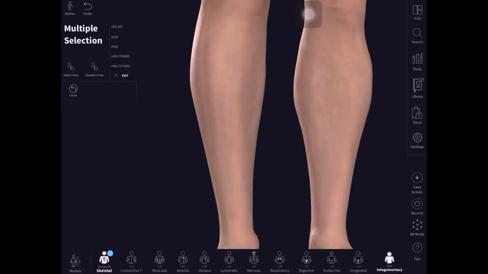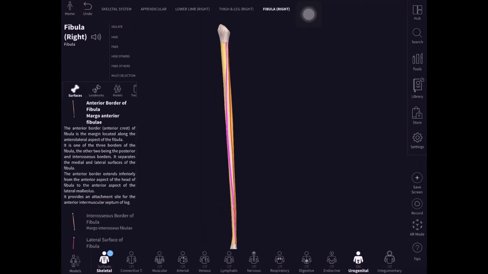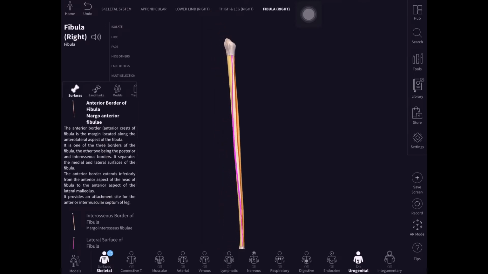Once I touch, it becomes pink. Yeah, this is your anterior border. You can see it is starting from the anterior aspect of the head.